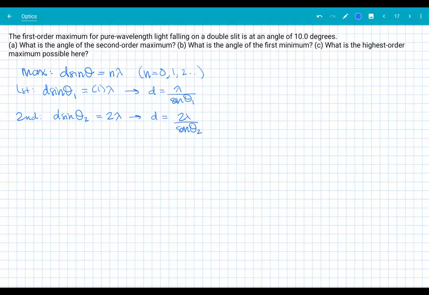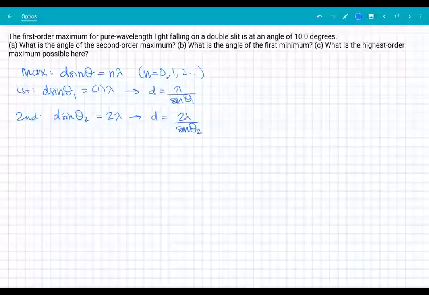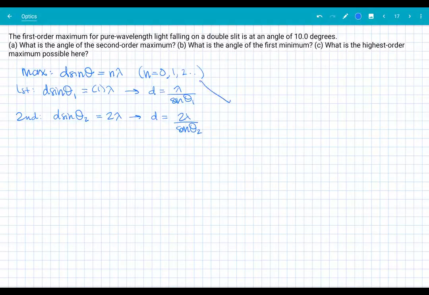The slit separation is like the setup of the experiment. Those slits are a distance d apart, and they're asking us about the different fringes that happen with that slit separation. Lambda doesn't change. My thetas are different, and so I have those subscripted.